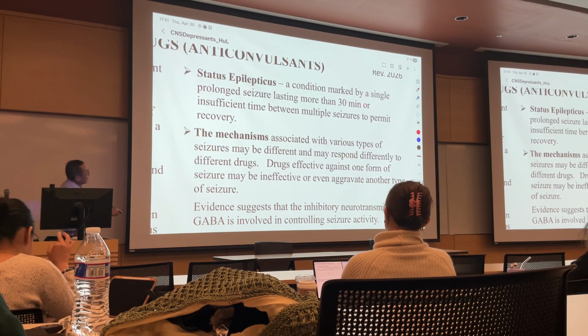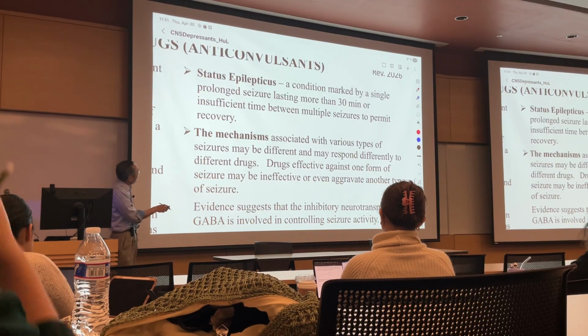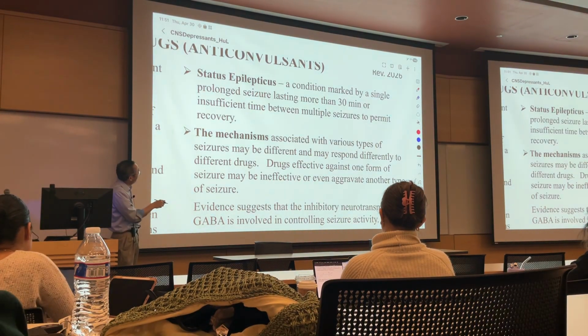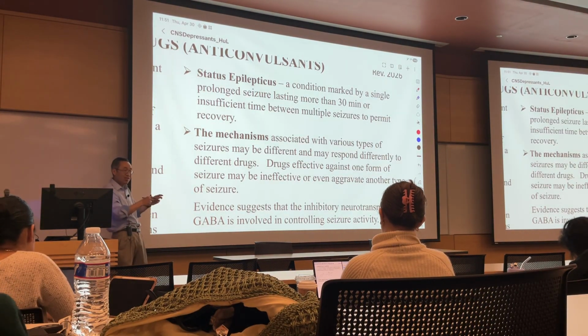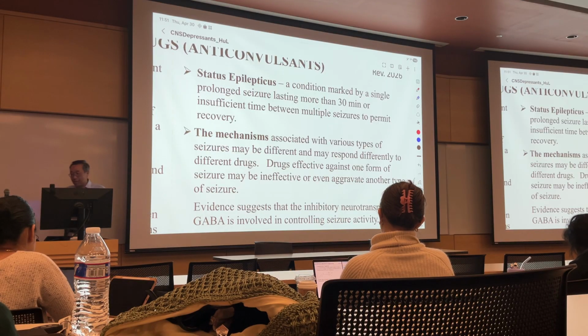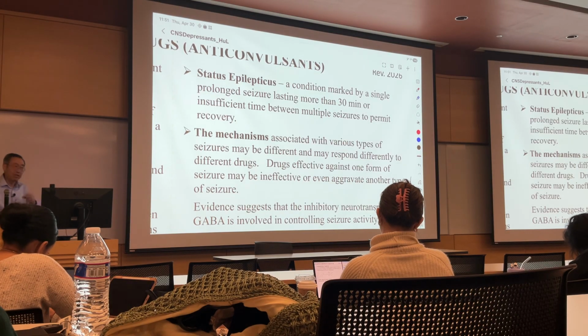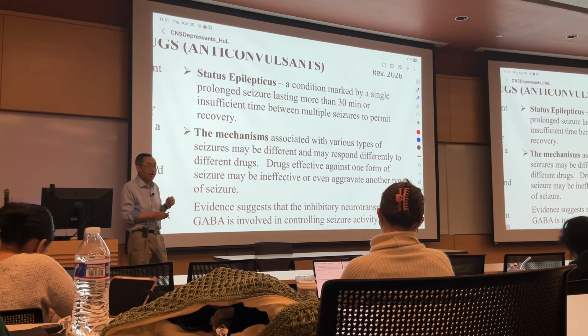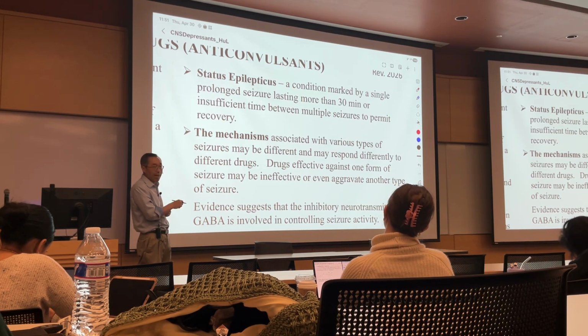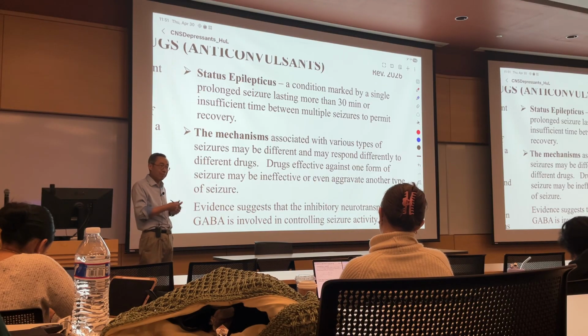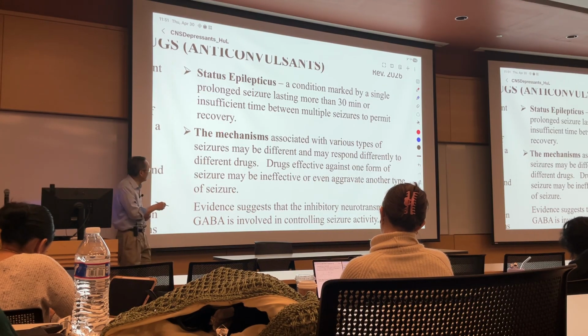But in this case, it lasts for more than 30 minutes, or there is insufficient time between multiple seizures, so the patients just don't have enough time to recover. Right? So this is an emergency situation, and drug molecules to treat status epilepticus need to be given by IV administration, so it can be done quickly to control the condition.